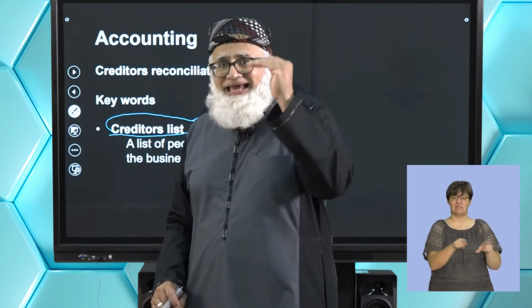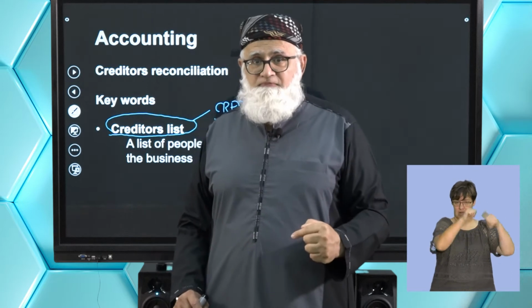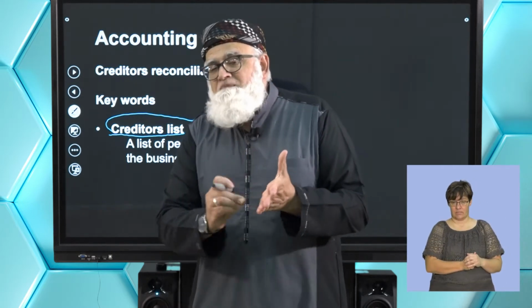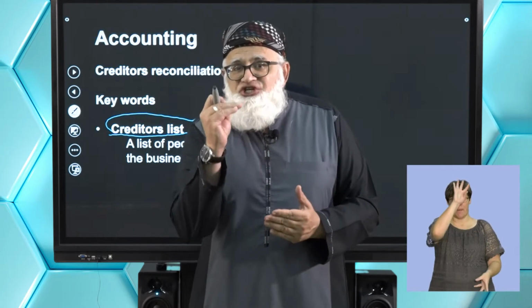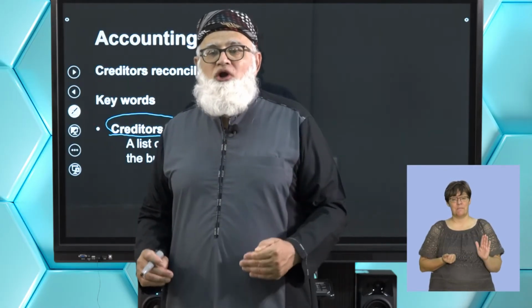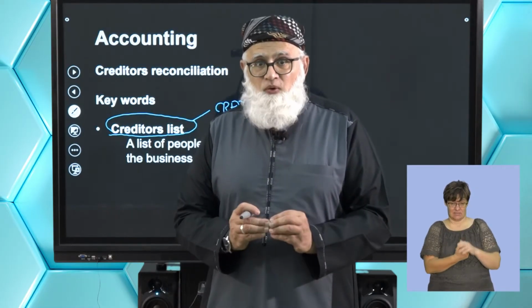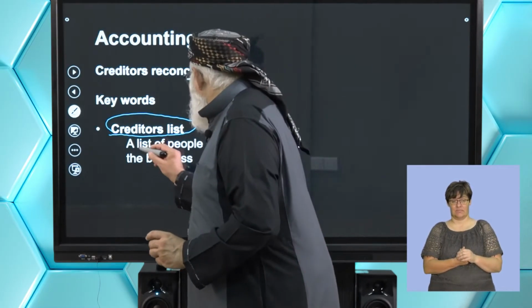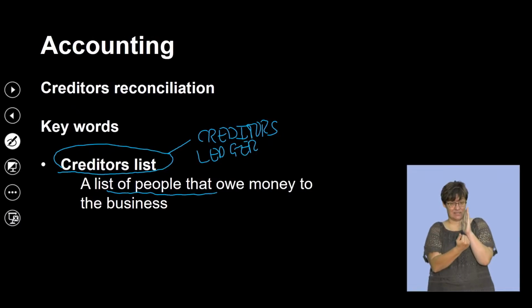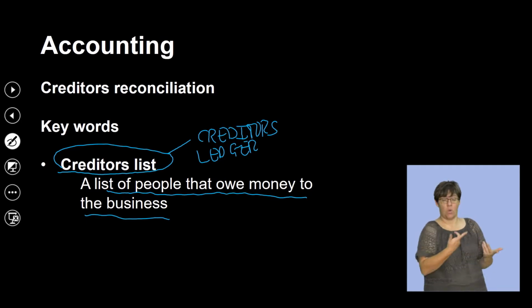Like we said, each creditor has his or her own account. If you take the final balances of each creditor's account, you extract what we call a creditors list. Now, this list is a list of people that the business owes money to, right?